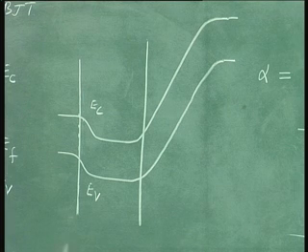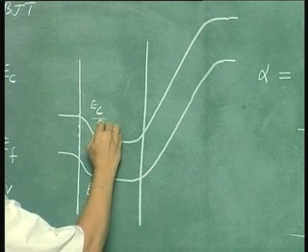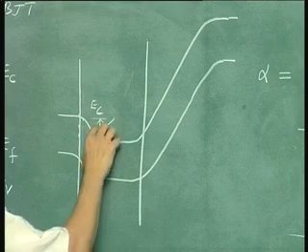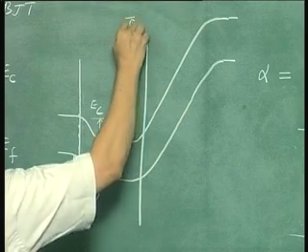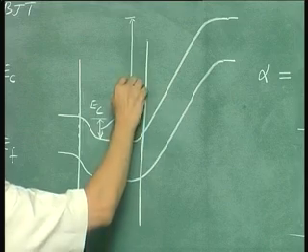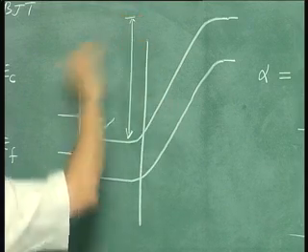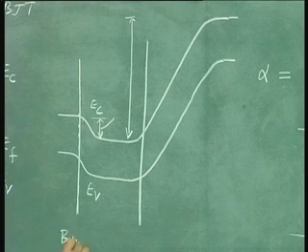So this is the kind of energy band diagram you will see, where this height is built-in voltage minus the applied forward bias, and this height is built-in voltage plus the magnitude of the reverse bias. Okay. So this is band diagram.